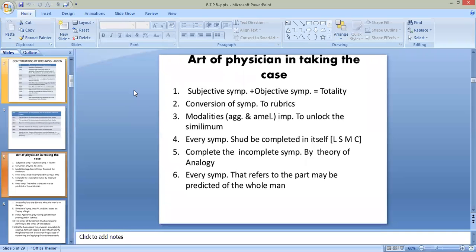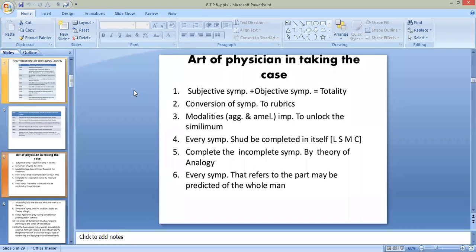When we study the case properly, we observe that the previous symptoms of the patient are as they were, and in addition to that, the new symptoms of the medicine have appeared. So we find the original symptoms plus medicinal symptoms in the patient. At that time these antidotal medicines will help us; they will remove the effect of the medicine which was given previously. So in this way these antidotal medicines are helpful.